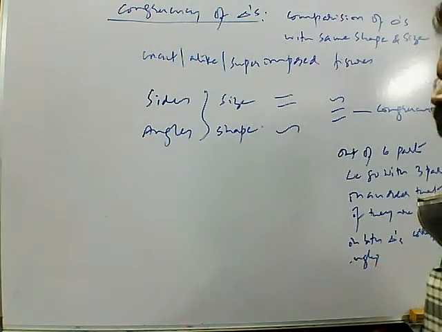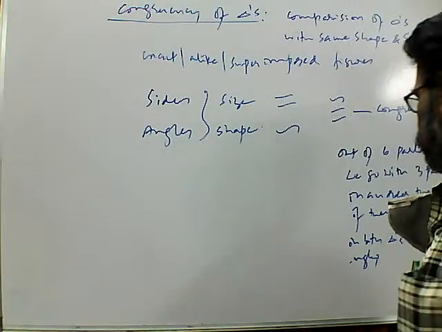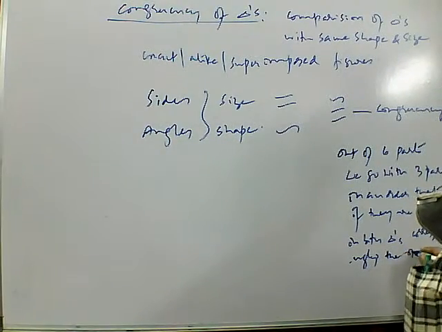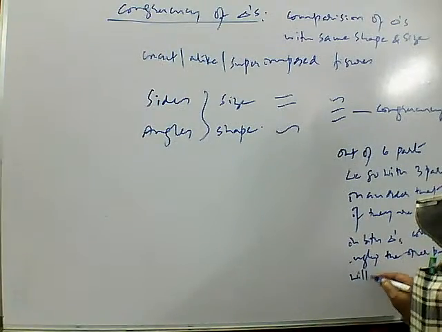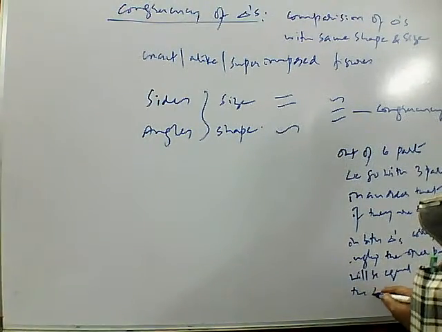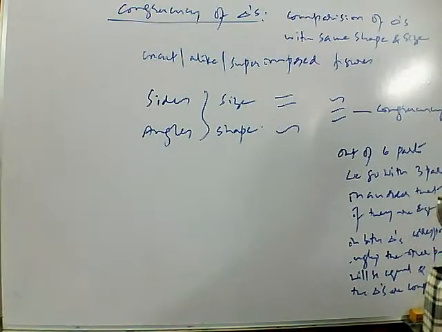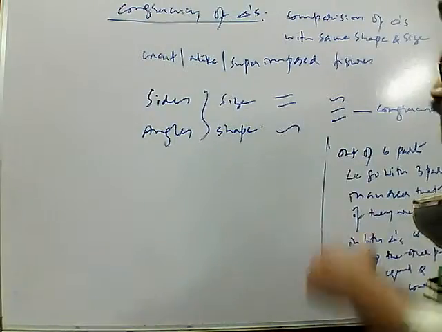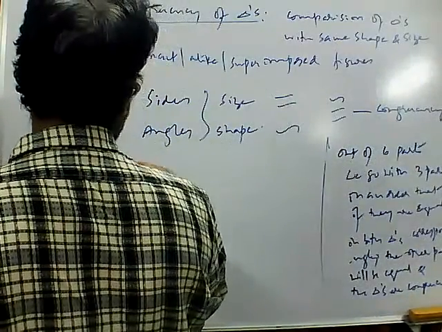We choose those which satisfy the 3, and the other 3 will be automatically satisfied. Correspondingly, the other parts will be equal and the triangles are congruent. Congruent means same shape and same size. So that is called the criteria of congruency. Criteria means procedure.